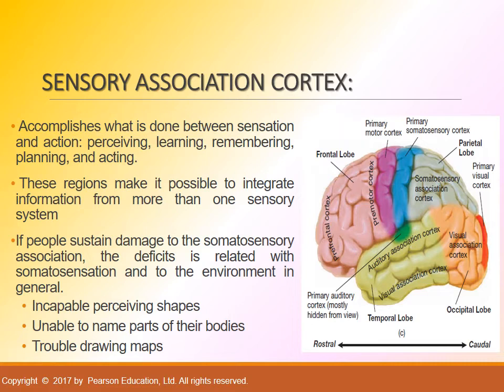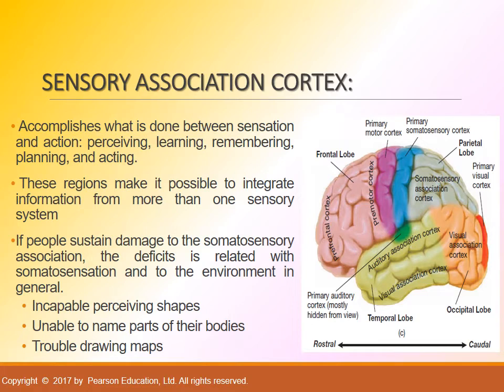Therefore, the other function of the cerebral cortex, which consists of the four main lobes, accomplishes what is done between the sensation and our action, such as perceiving, learning, remembering, planning, and also acting. So all of these actions take place in the association areas of our cerebral cortex.